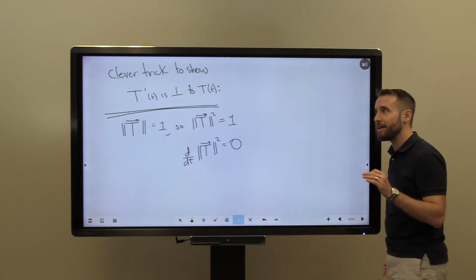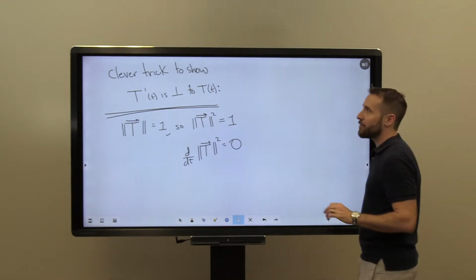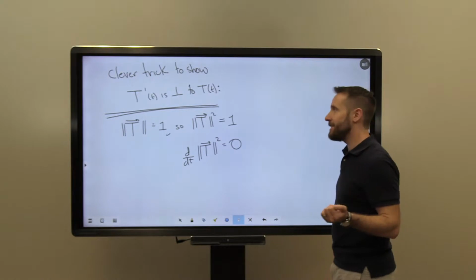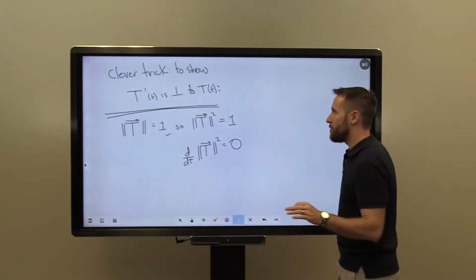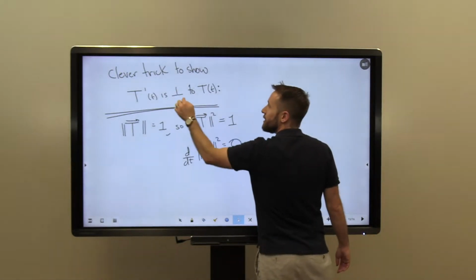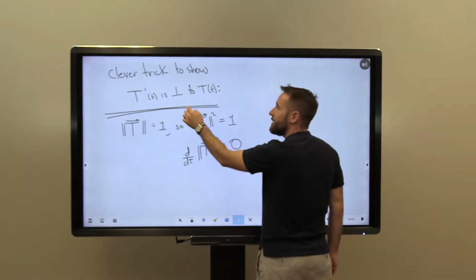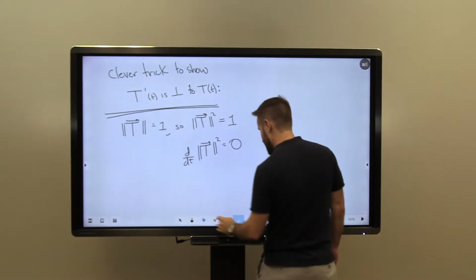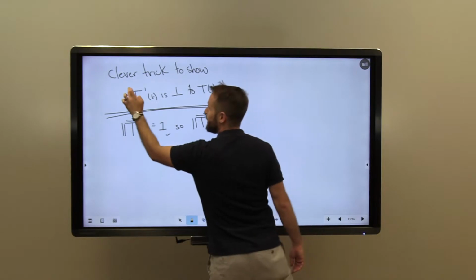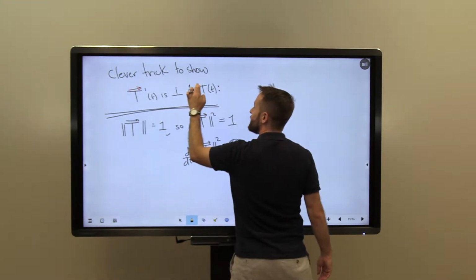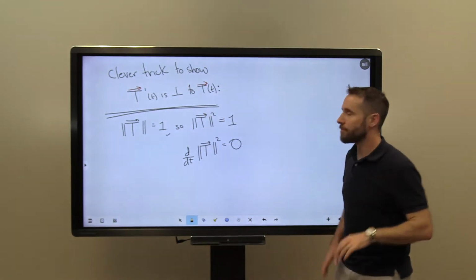And we can do this by seeing that t prime is actually perpendicular to t. And here's a clever trick to show this. I'm going to use this symbol to denote perpendicularity. So I'm just claiming now that t prime is perpendicular to t.